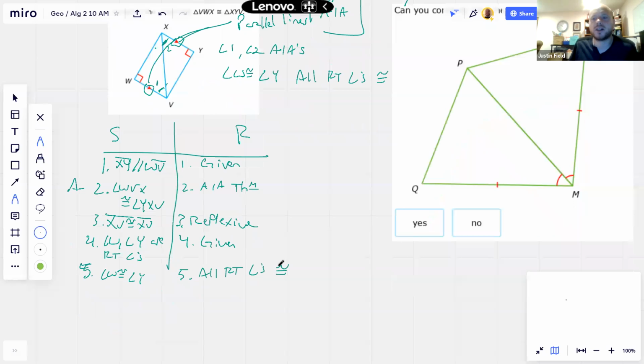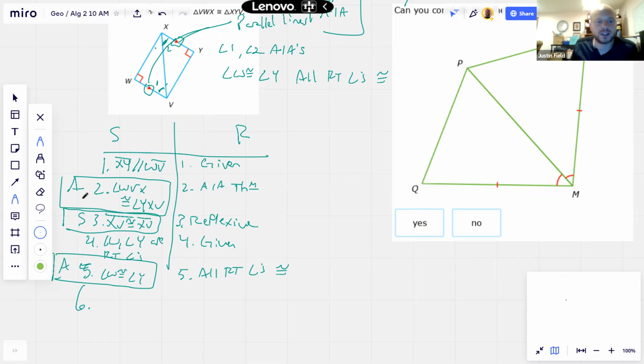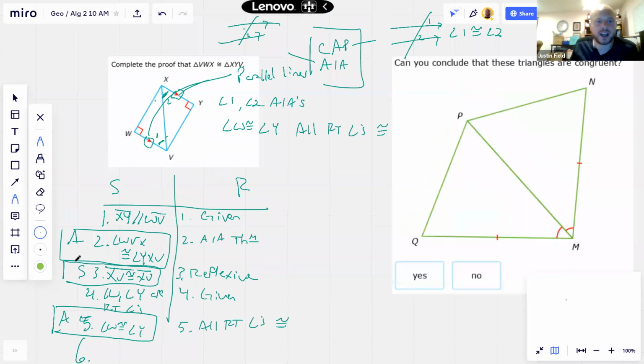So we're making a little list of things that go from one to the other to prove that these two triangles are congruent. And so we have made an angle statement. These angles are congruent. We said this side pair is congruent, even though it's the same. And we said this angle. And so in my proof, it looks like angle side angle, but actually this angle is right there, this angle is here, and the side is after.